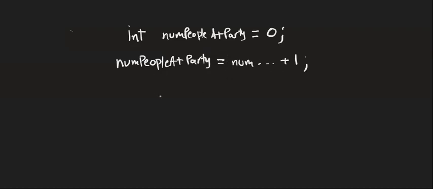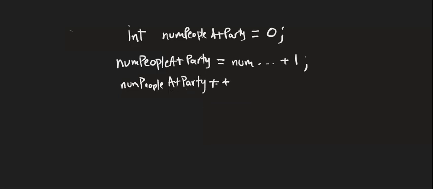All right. With that being said, let's say that another person comes in and num people at party now has to go up again. It has to go up by 1. This time it isn't your brother, so you're excited. Instead of setting this equal to num plus 1, you can just use the increment operator, and all you need to do is add 2 plus signs after the variable.